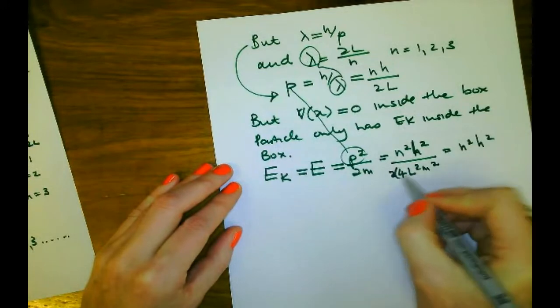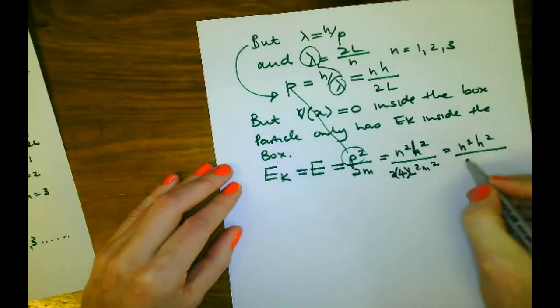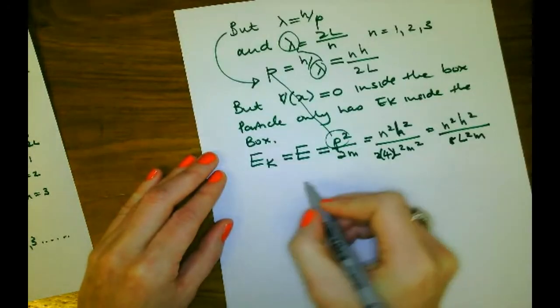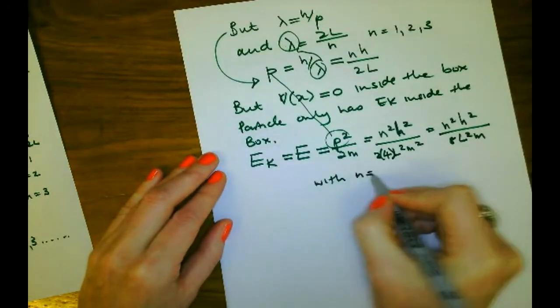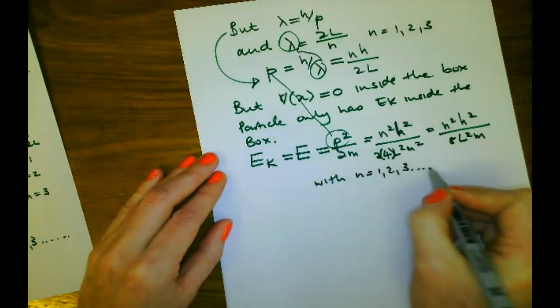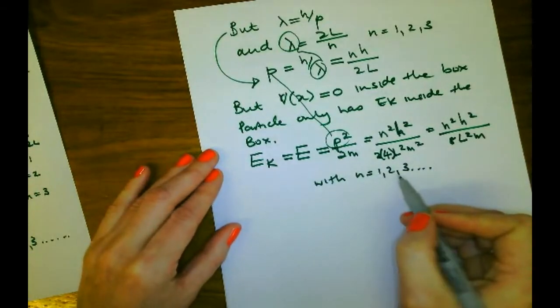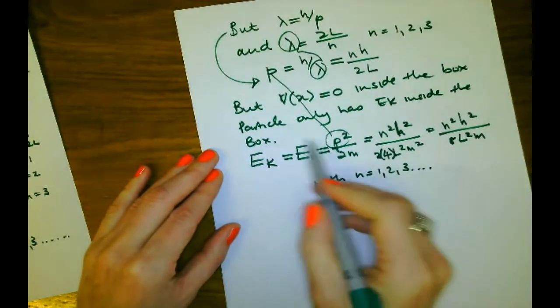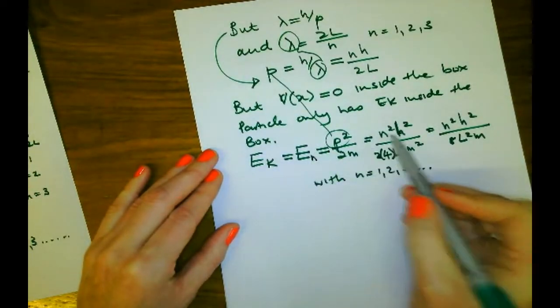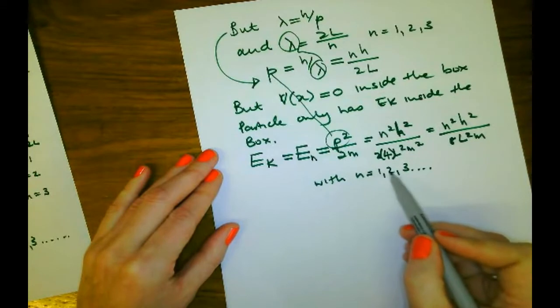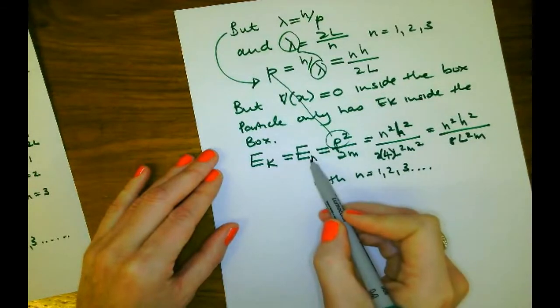Sorry, there's a 2 missing there. 2, 4 over 8. But because this n is basically the counter that we're working with, we can add an n to the energies. Because depending on what our counter is, if n is 1, 2 or 3, we're going to use a different n.